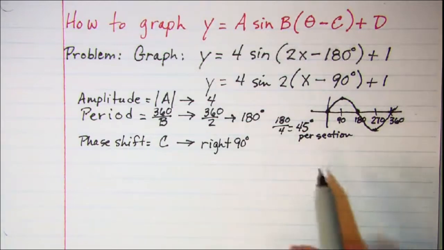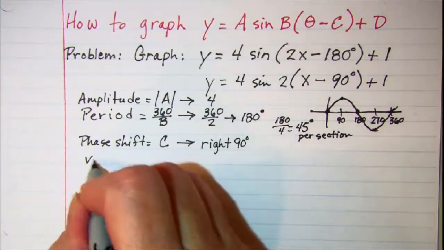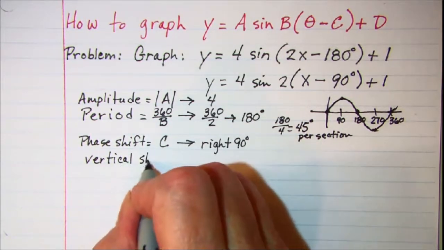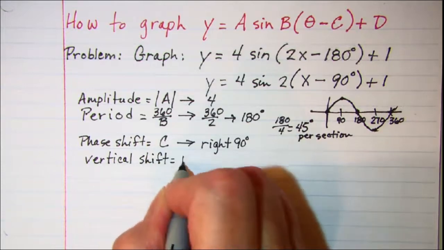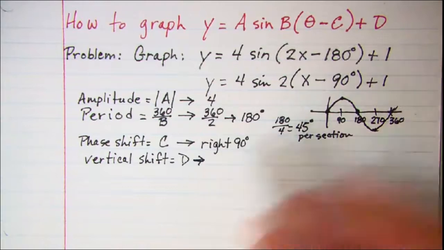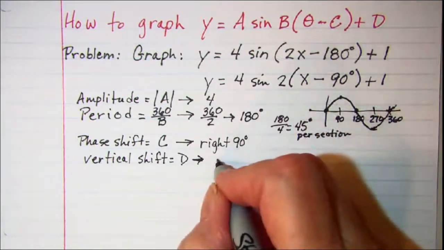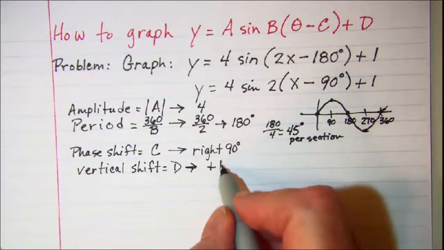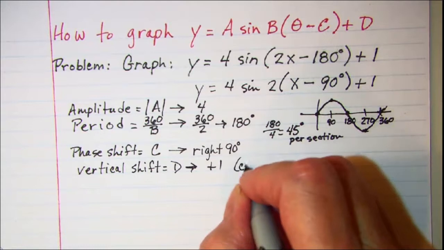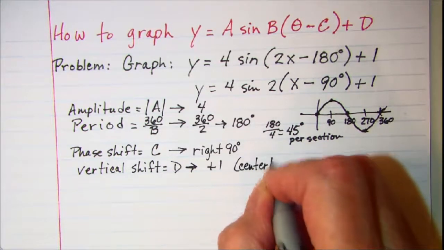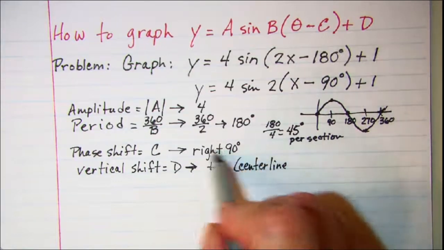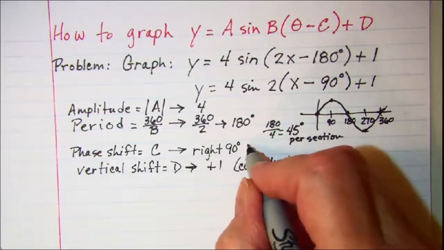Then our next thing is D, which is our vertical shift. And we can see from our equation that is up 1 or plus 1. Now this vertical shift is where our center line is going to be. So I'll just make a note of that here. And this right 90 is our start.